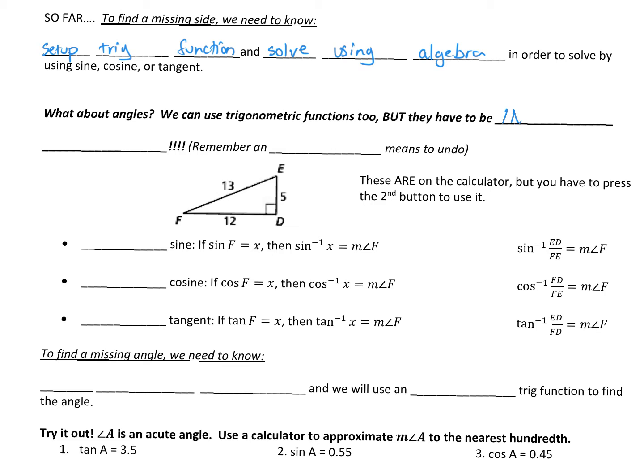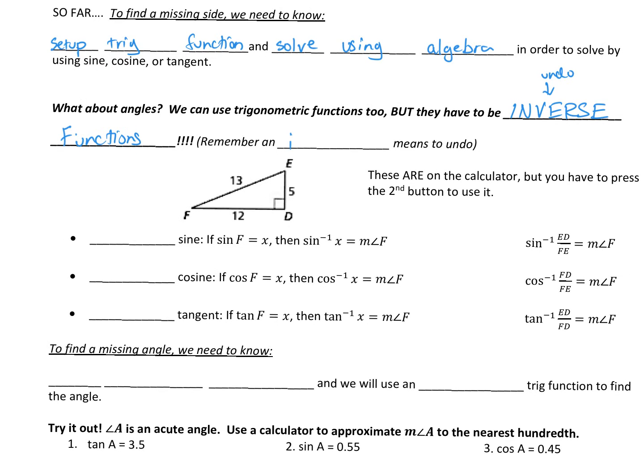So the inverse allows us to use the sides. Basically, it kind of undoes it. It uses the sides to find the angle. So the inverse functions. Remember, an inverse kind of means undo or kind of flip upside down.